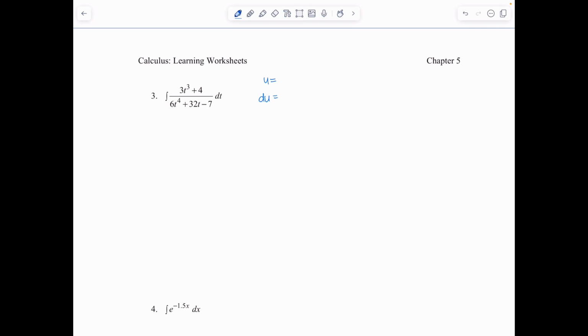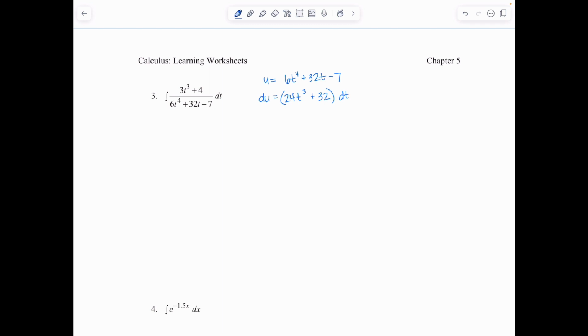So, in this case, I'll start with u being 6t to the 4th plus 32t minus 7. So du will be 24t cubed plus 32 dt.